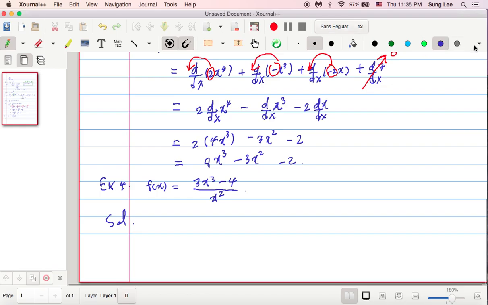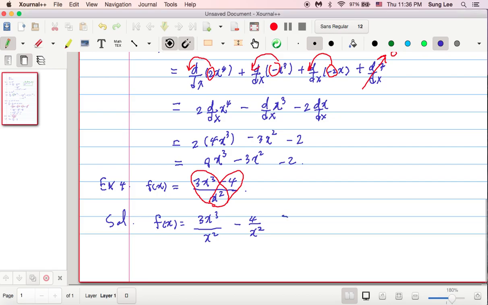So all you have to do in this case, remember, this x squared is the common denominator for 3x cubed and also minus 4, okay? So we can actually separate them, right? So f of x can be written as 3x cubed over x squared minus 4 over x squared.